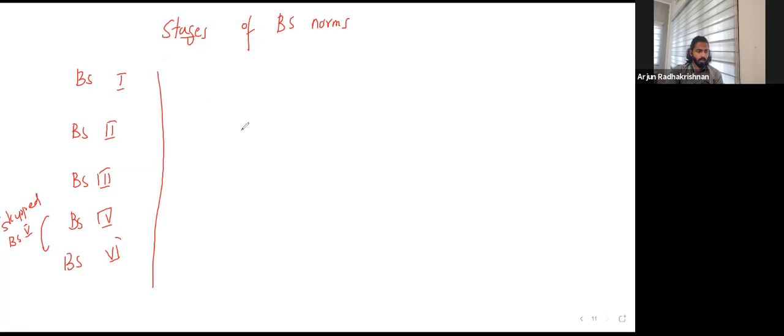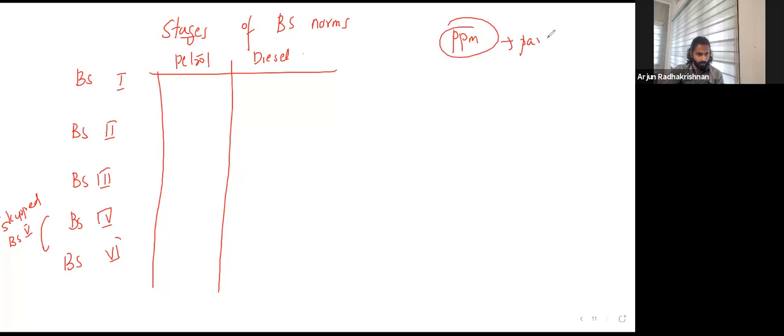In each of these phases, there is an emission standard for petrol and diesel. The emission is calculated in ppm, parts per million.